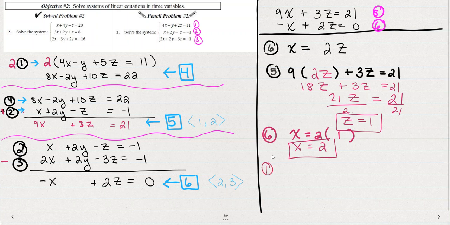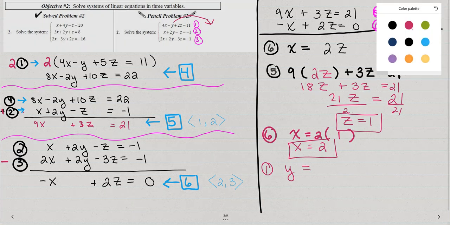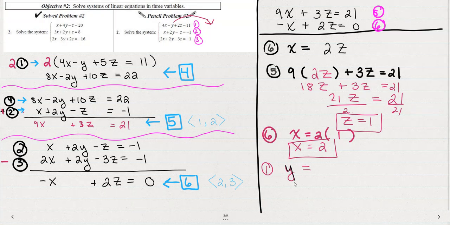The reason I'm going to pick number 1 is I could add y to both sides and just have y equals 4x plus 2z minus 11. So take the y and move it to the right, the 11, move it to the left. So I'd add y and subtract 11, and I'd have y equals 4x plus 2z minus 11.